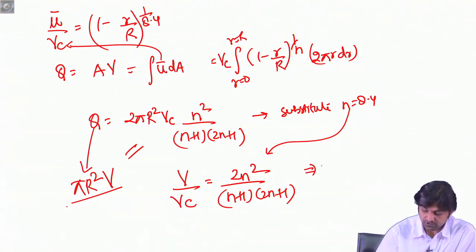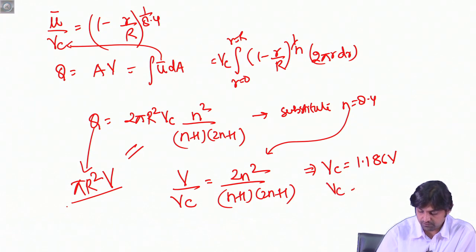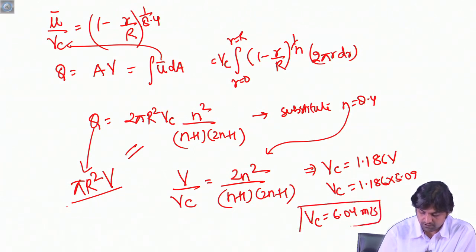Therefore Vc will be 1.186 V, and V we already know, 5.09. So Vc is going to be 6.04 meters per second. So that is part B.